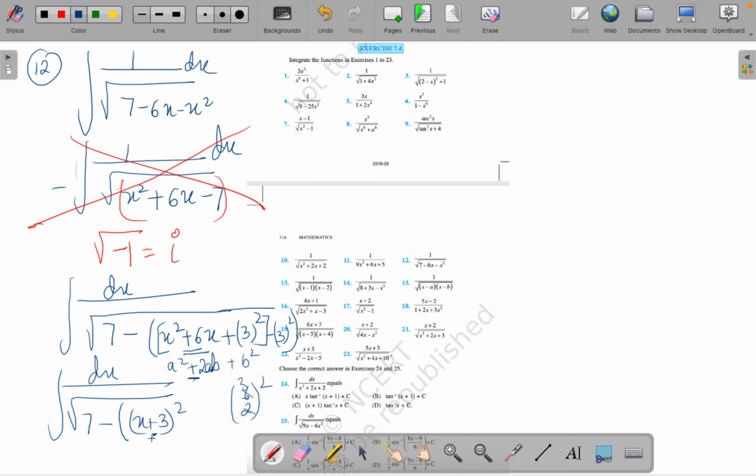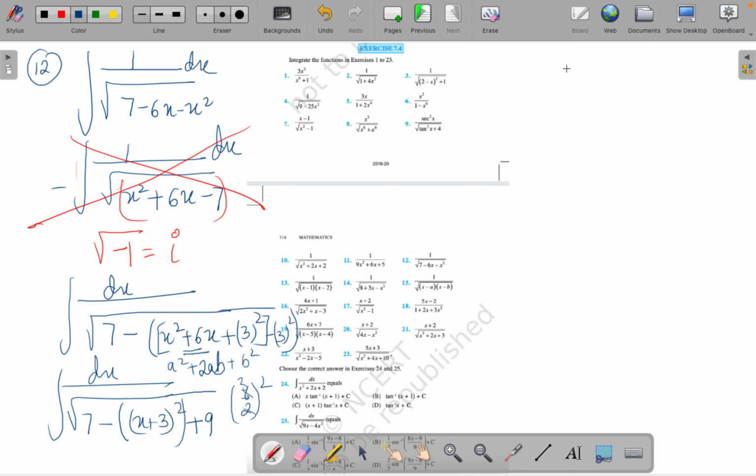Right, children? This is the change. So since here we do not have a minus sign, it will be a plus sign. All right. And obviously this term minus 9 was left. So if I open the bracket, minus into minus is plus, so plus 9.